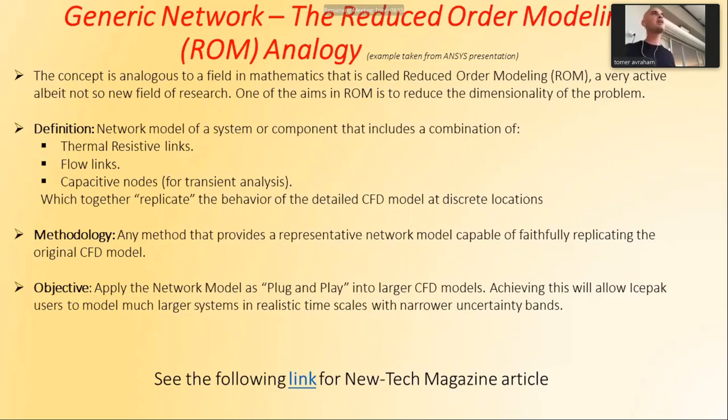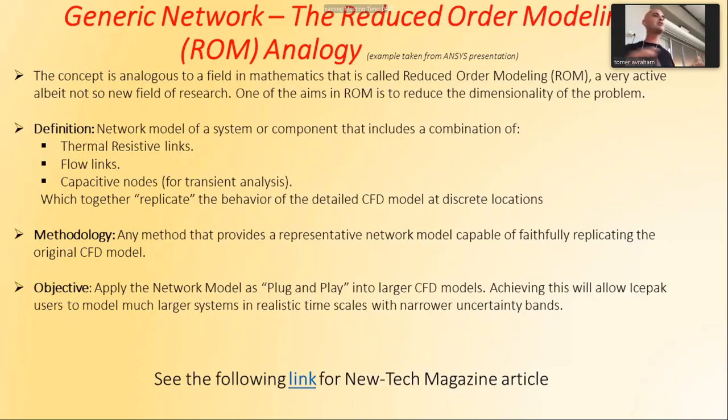So it will be pressure and flow rate. And we're going to have capacitive nodes if we want to do a transient simulation. We're going to link all of them in a representative network model, and it will faithfully replicate the model for a set of boundary conditions.